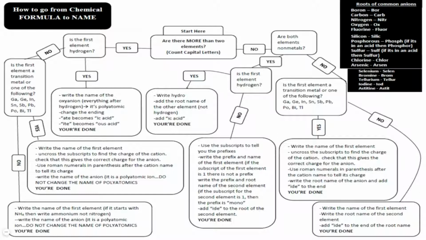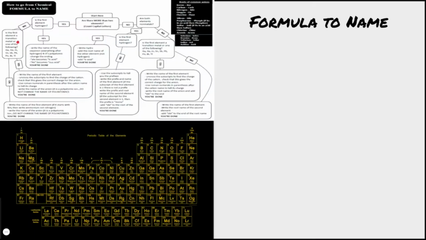It will help you get the correct name from the chemical formula as much as possible every time, following the IUPAC rules. So let's move forward and get into doing our examples.